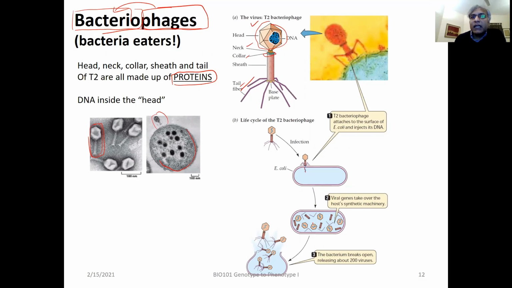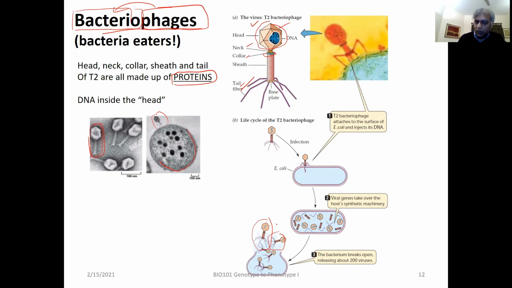When it goes within the bacterial cell, it makes many more components: head, neck, collar, tail, etc. New viral particles are assembled and they burst open. They kill the cell, are released, and go to infect the next cell.